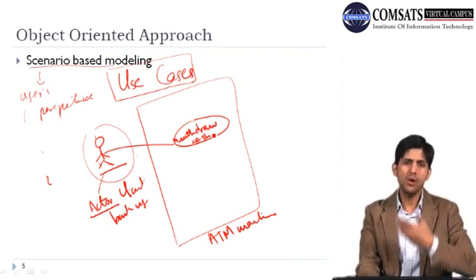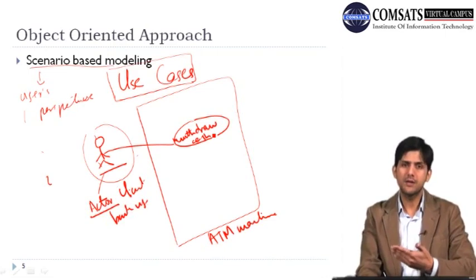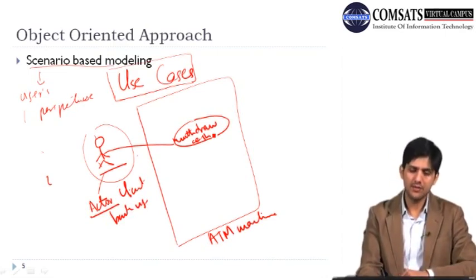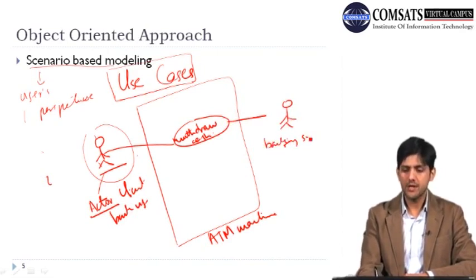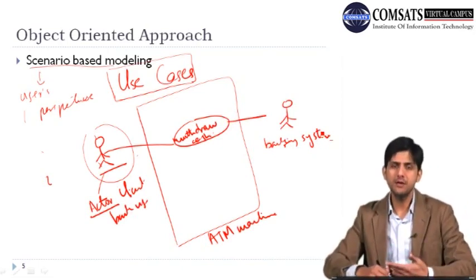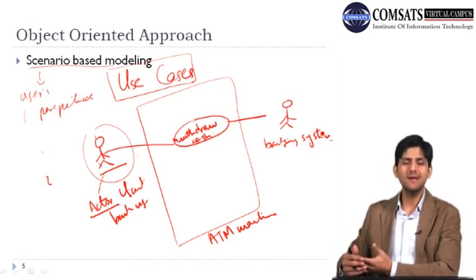But there is always a secondary actor in this particular scenario. And who is the secondary actor? The secondary actor is the banking system, because whenever the user punches in the PIN number, that needs to be verified with the banking system.